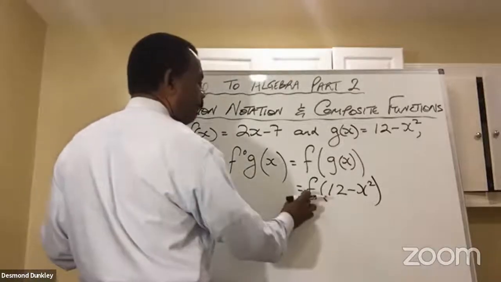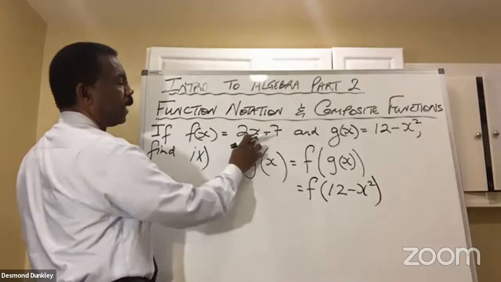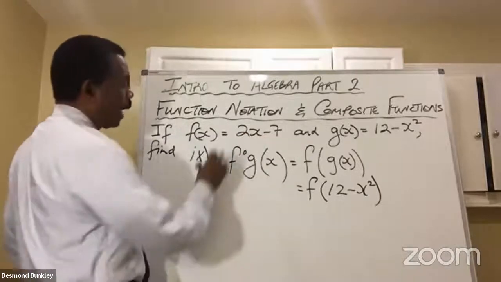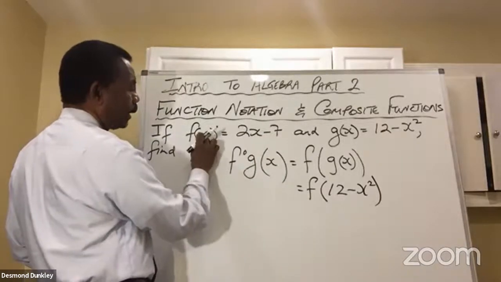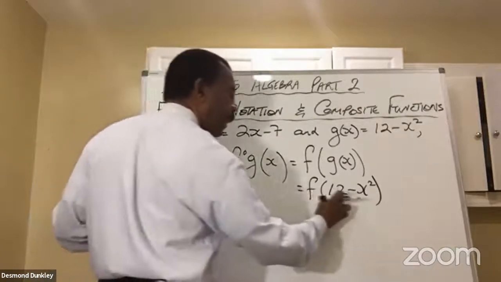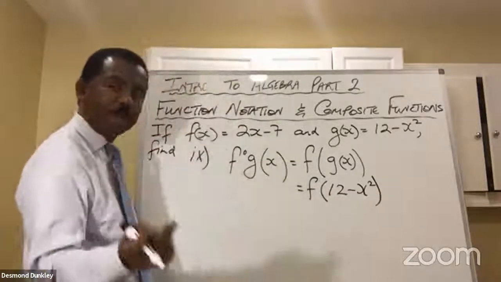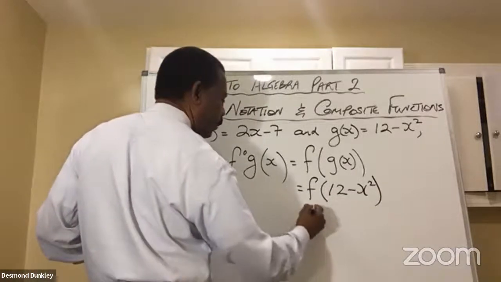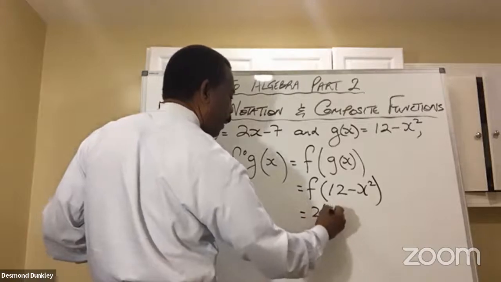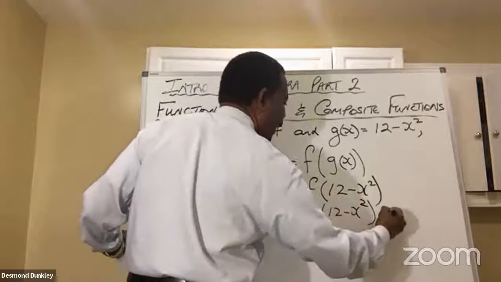So how do I find f of anything? Oh, I double it and subtract 7. I double whatever is in my parentheses, and then minus 7. So f of this, I must therefore double this and then subtract 7. So it's going to be equal to 2 times 12 minus x squared minus 7.